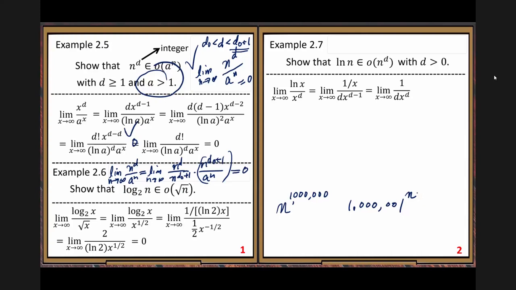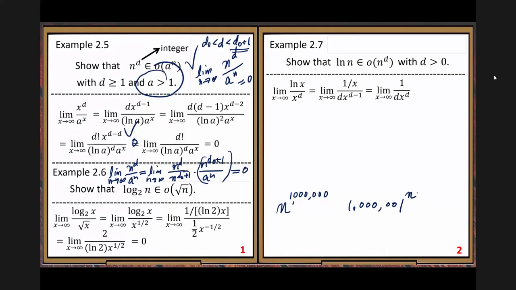Limit as x goes to infinity of 1 over d, a constant, times x to the d. Constant part, fixed. Denominator x to the d, remember, d is positive. So a power function with some positive exponent must go to infinity when x goes to infinity. So the denominator always goes to infinity.